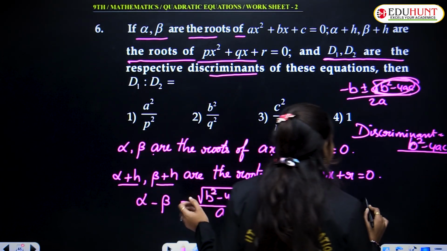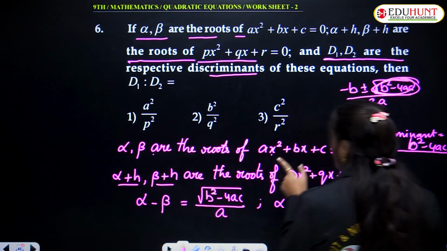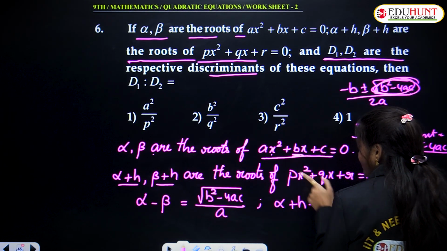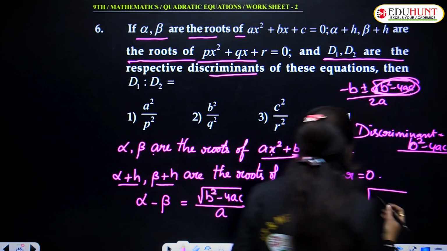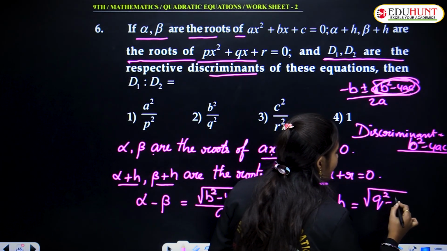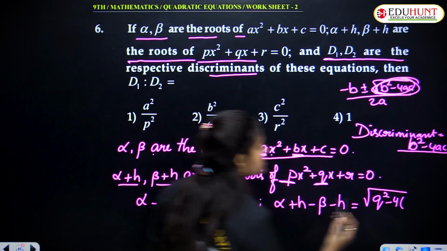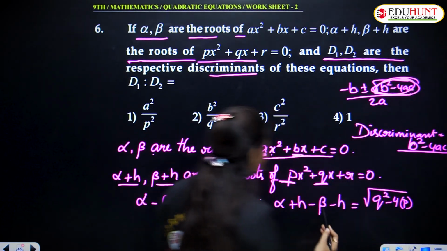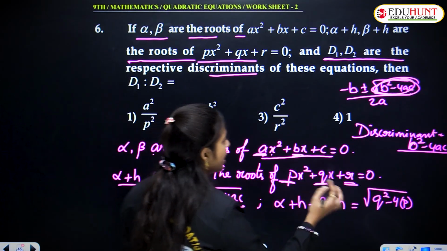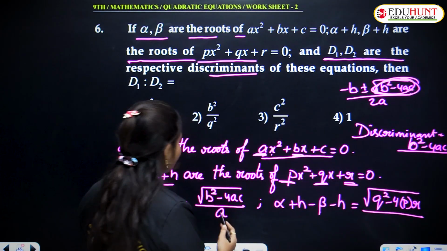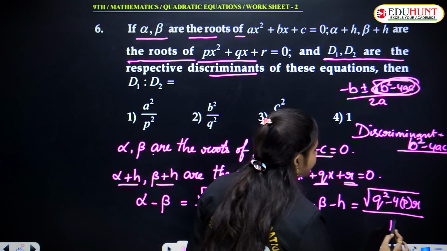But here, in place of b square, since the equation is ax square plus bx plus c, here q is there, so q square minus 4 into, in place of a, here p is there, so 4 into p into, here c is equal to r, whole by a, so a is equal to p.